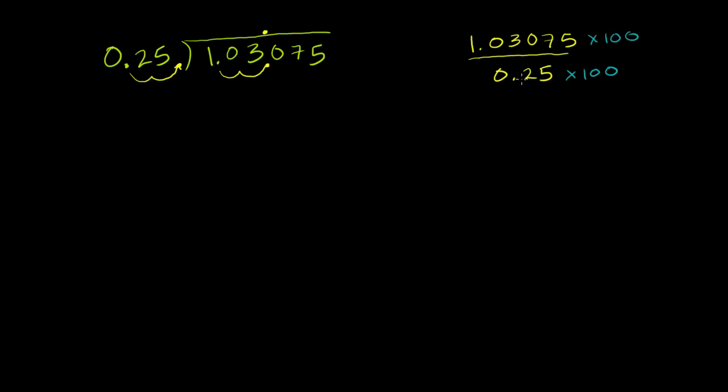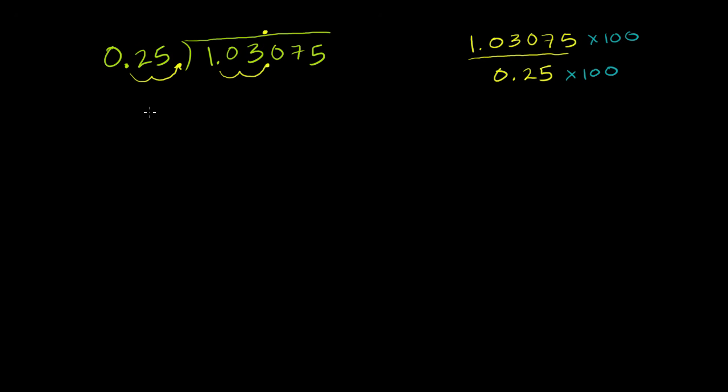And when you do that, this becomes 25, and this becomes 103.075. Now, let me just rewrite this. Sometimes if you're doing this in a workbook, you don't have to rewrite it as long as you remember where the decimal is. But I'm going to rewrite it just so it's a little bit neater.